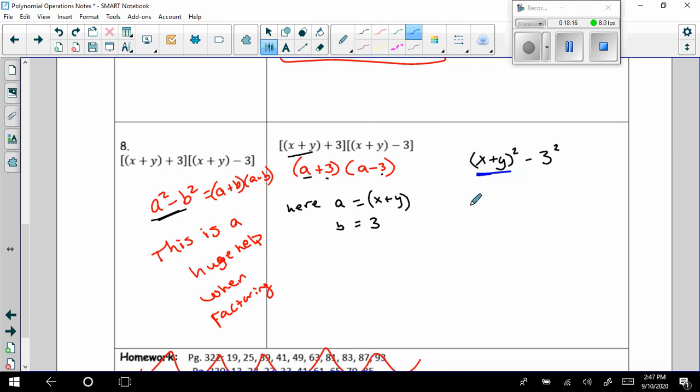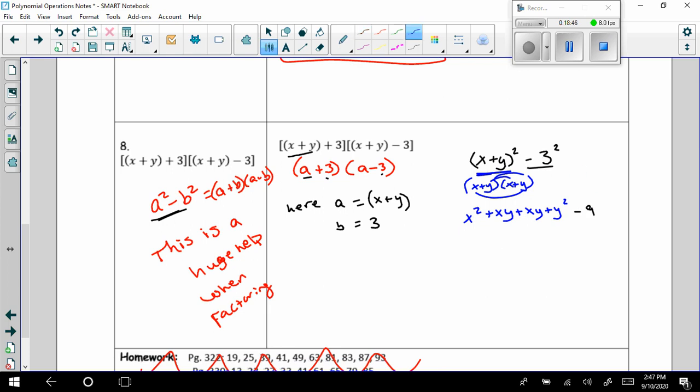So this becomes a perfect square trinomial. So we have (x + y) times (x + y), which means we have x squared plus xy, if I distribute here, plus xy plus y squared minus 9, which comes from here.